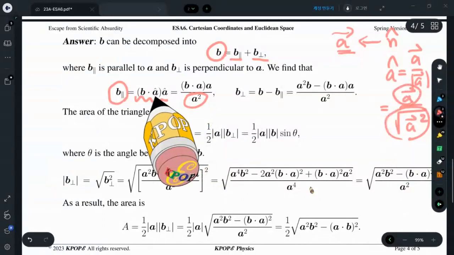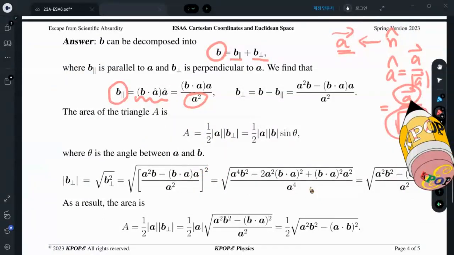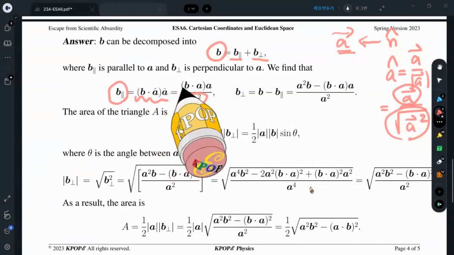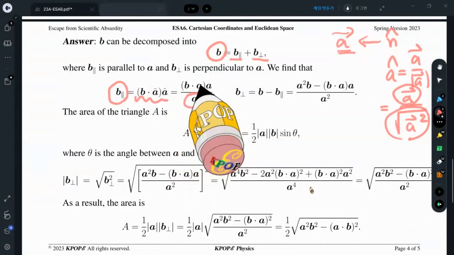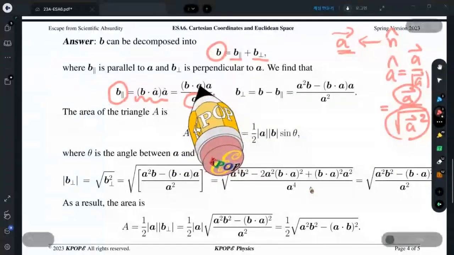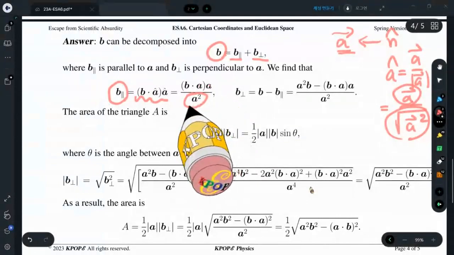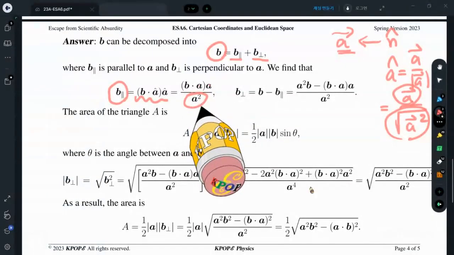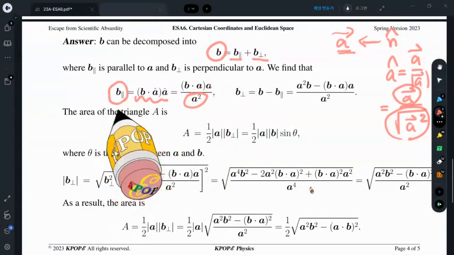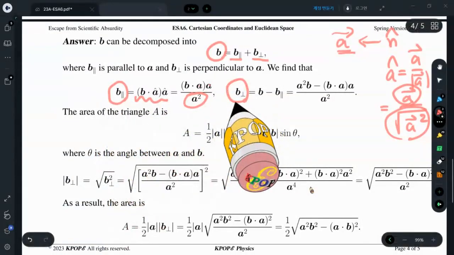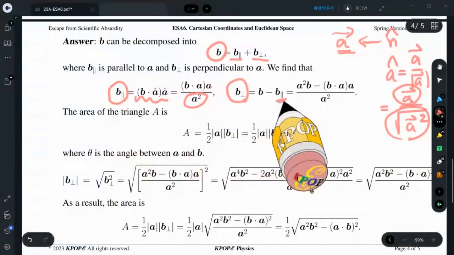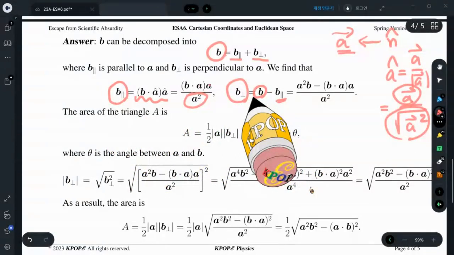And every factor has a vector. So this one, the scalar product of A and B, and this one becomes vector A. Just to count the number of A's in the numerator, there are two factors, so we have A squared in the denominator to make the same dimensions. What's next? The perpendicular component can be obtained by subtracting the parallel component from the original vector.